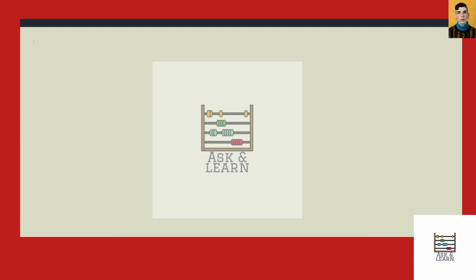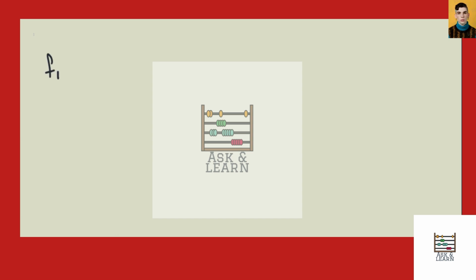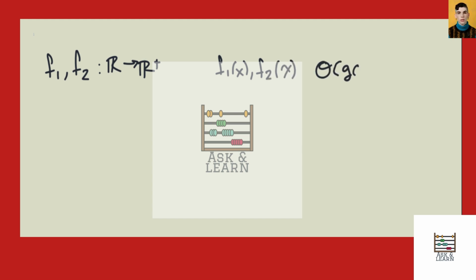All right, so in this problem, we have two functions, f1 and f2, and they run from the reals to the positive reals. And we also have that f1 and f2 are both big theta of g.